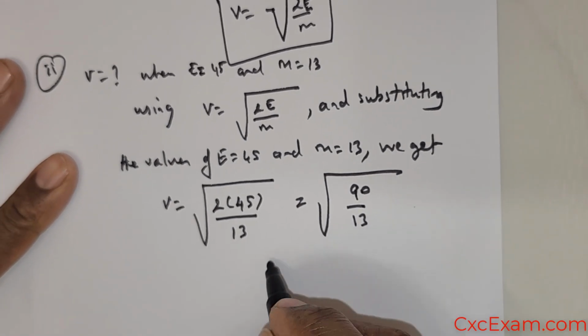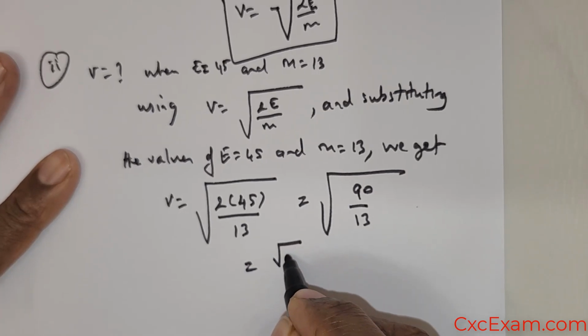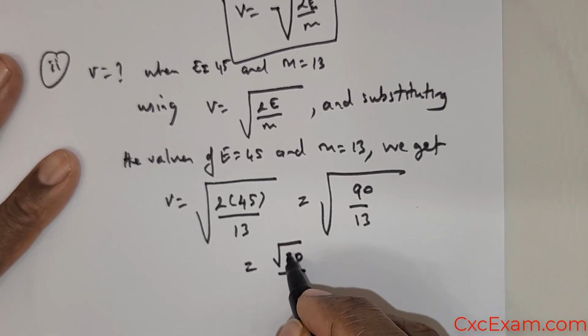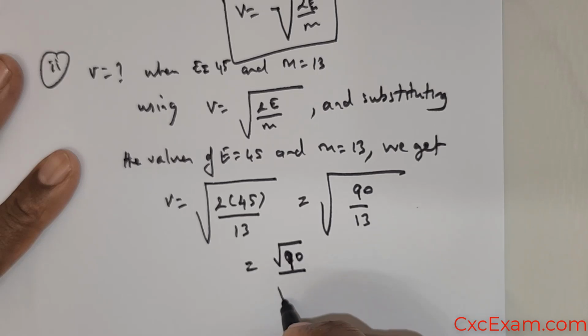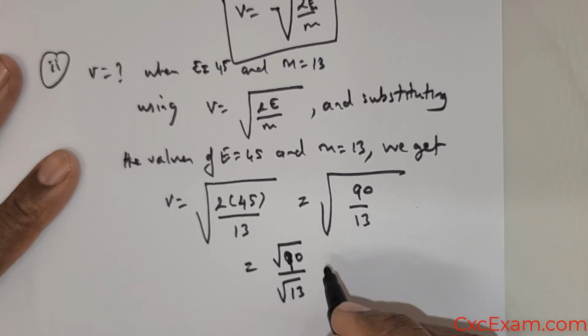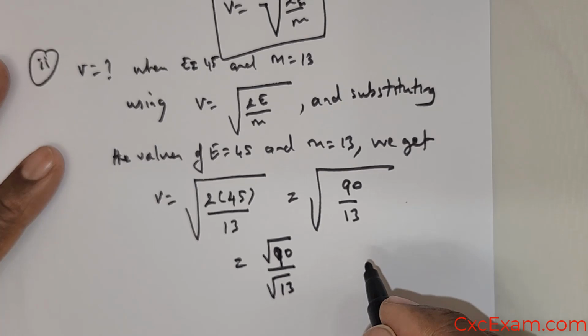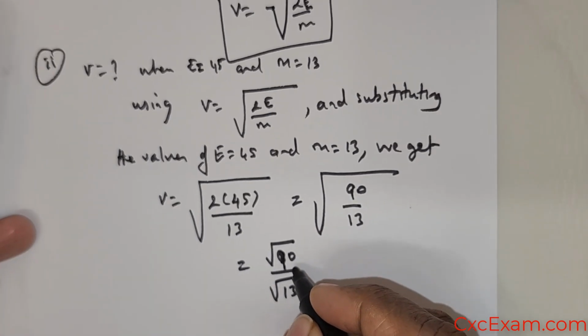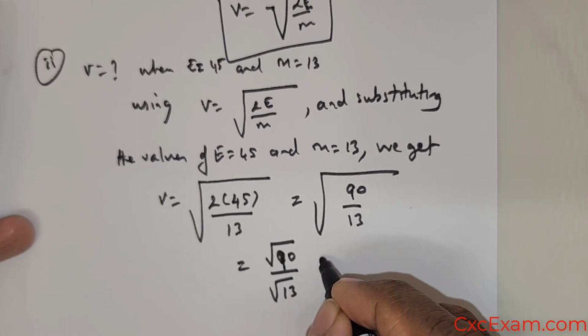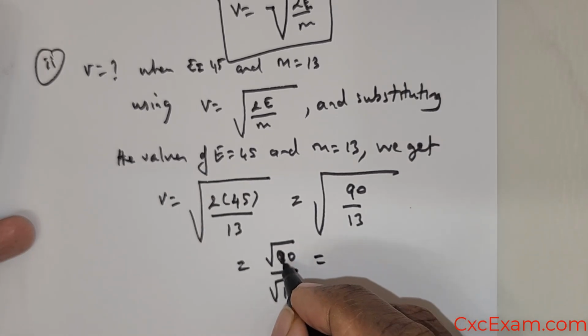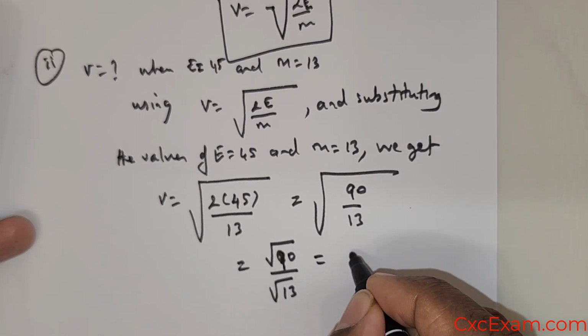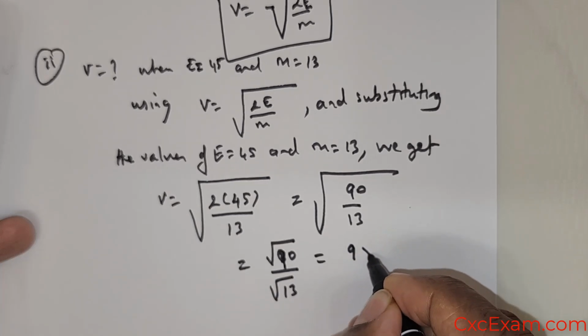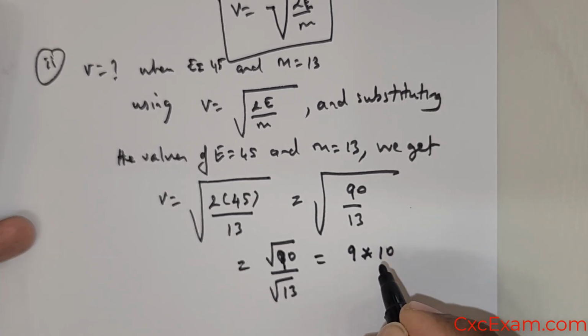Now I am going to rewrite this as the square root of 90 divided by the square root of 13. You can either do it like this, or you can outrightly use a calculator and perform. Now let me go in this fashion. Now 90 is actually 9 multiplied with 10, right?